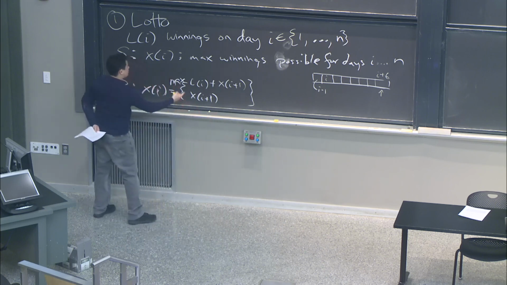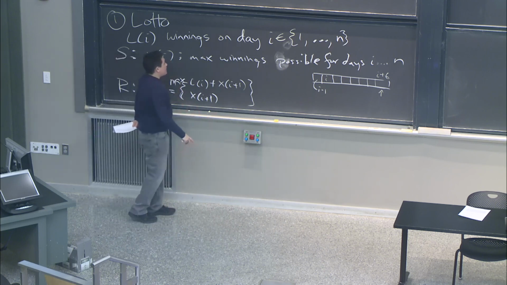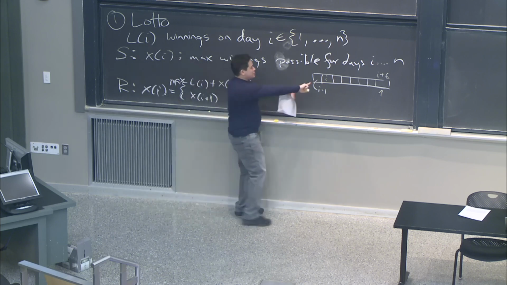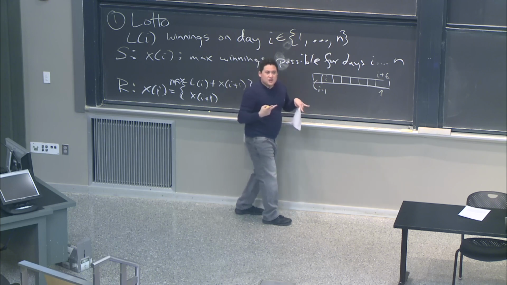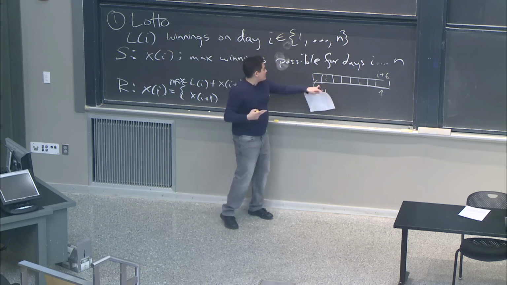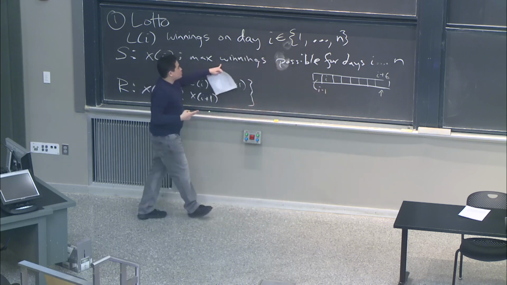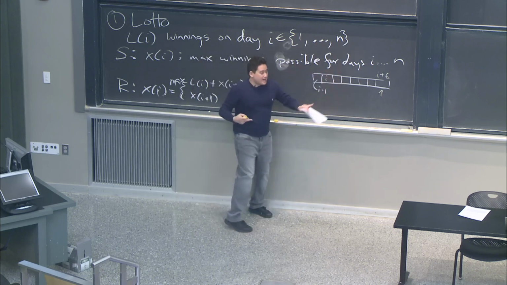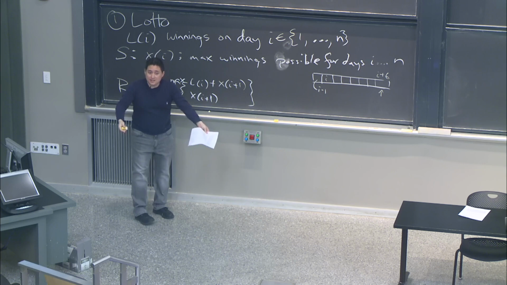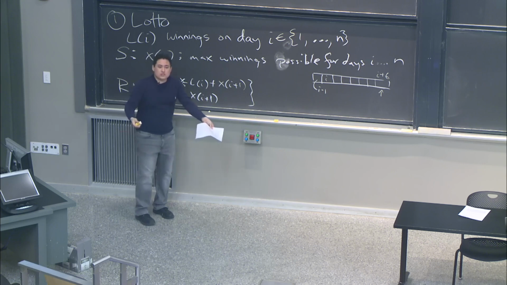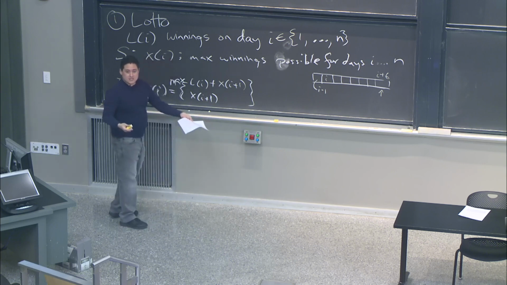So I'm going to, in some sense, need to remember 2 days, right? Where were the last 2 places I played? I'm going to simplify that a little bit by saying that for this subproblem, max winnings possible for days I to n, I have to play on day I. Similar restriction as longest increasing subsequence, right?